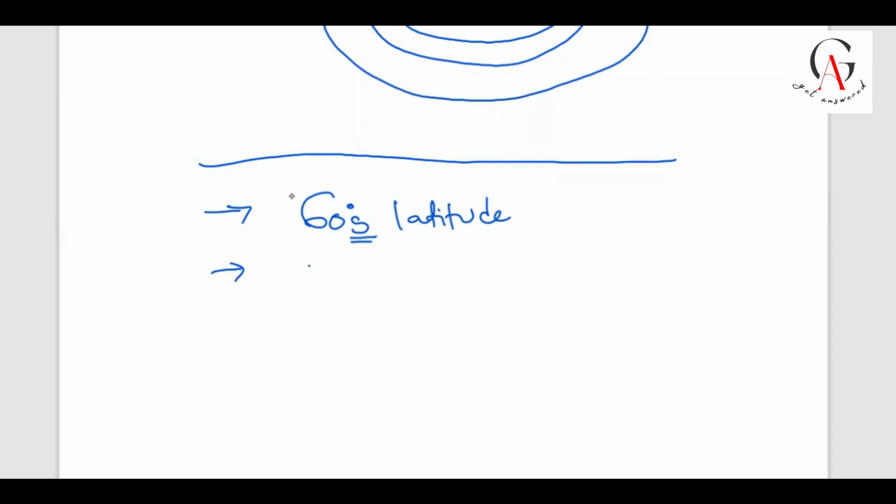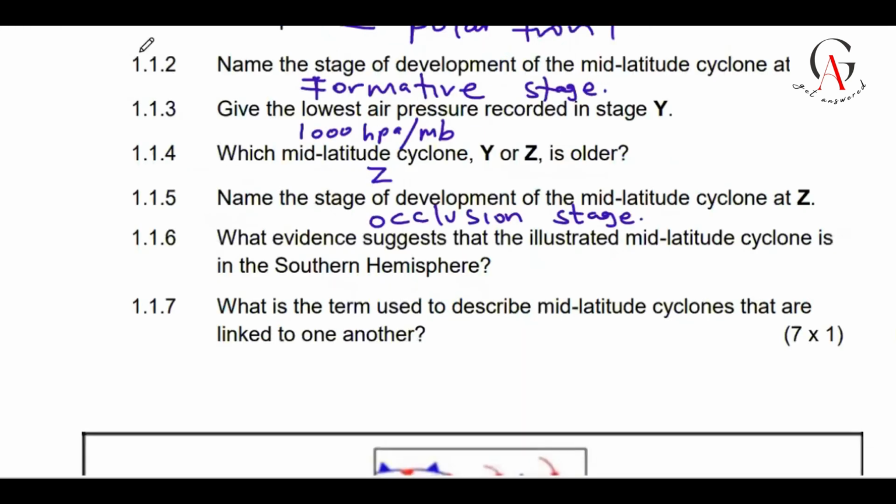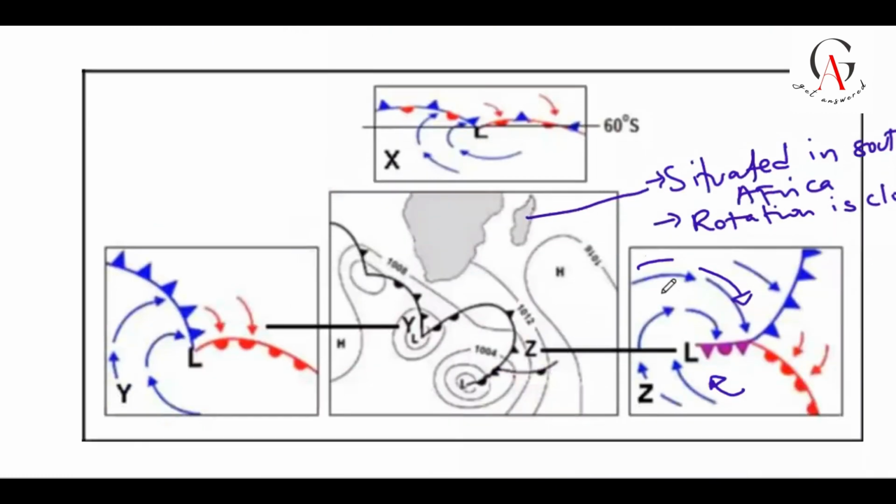As well look at the part of southern Africa, and we can as well give the clockwise rotation, which is in this southern hemisphere. Let's check again. Talk about the rotation. Talk about the S line of latitude. Talk about part of Africa.